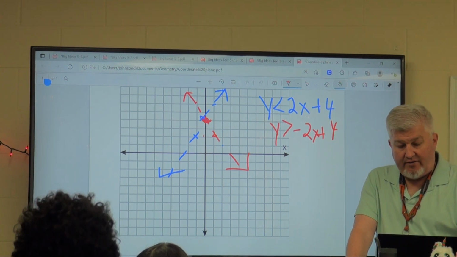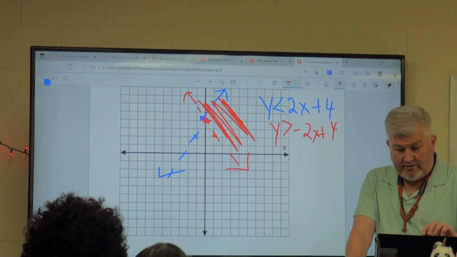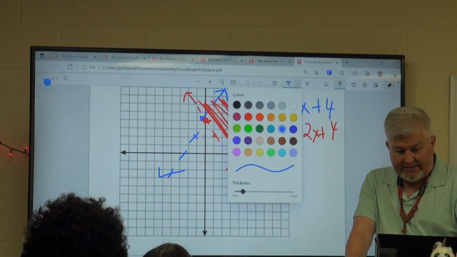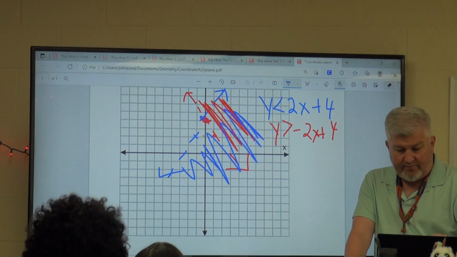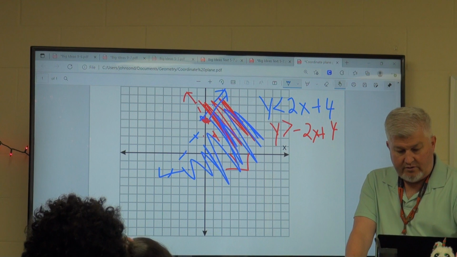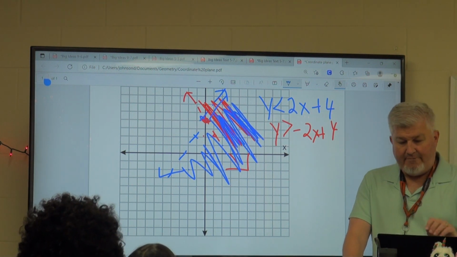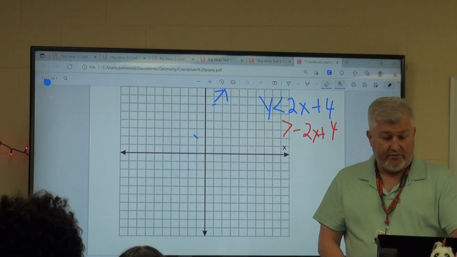So y is greater than, okay, is here, and less than down here. Right, so your solution is right there. Okay? They'll tell. And then we'll work on it together in class on Monday too.